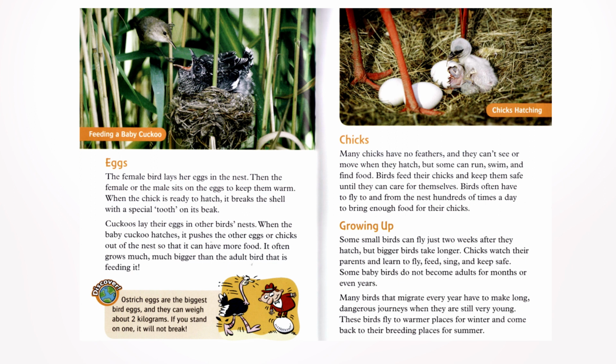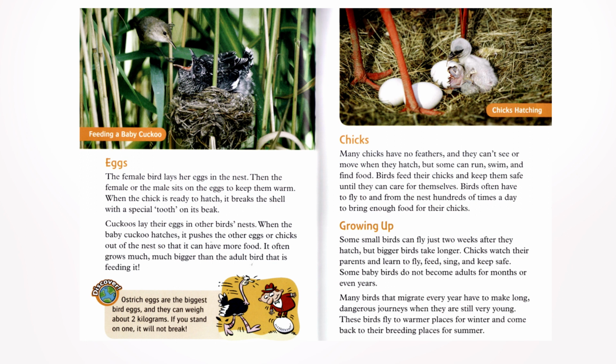Growing up. Some small birds can fly just 2 weeks after they hatch, but bigger birds take longer. Chicks watch their parents and learn to fly, feed, sing, and keep safe.